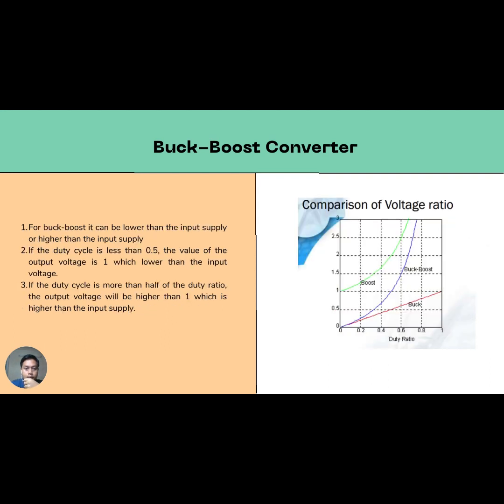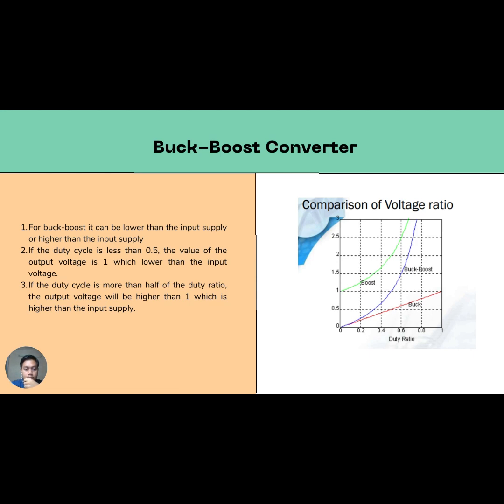Next, for the comparison of voltage ratio between the buck boost and buck converter, first of all, we can see that the buck boost converter output can be lower than the input supply and also higher than the input supply. If the duty cycle is less than 0.5, meaning 0.4 or 0.2, then the output voltage is lower than the input voltage.